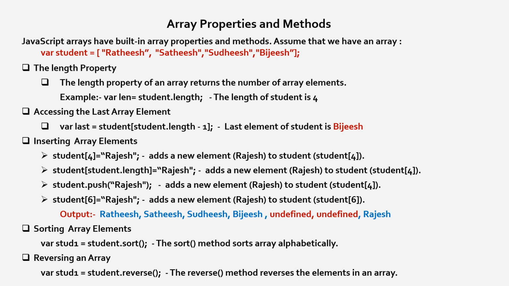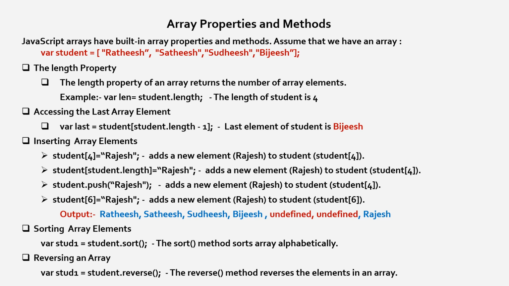Similarly, I already told you that the array index starts from 0, so the elements are 0, 1, 2, 3. Now, what is the length of the array? That returns 4.